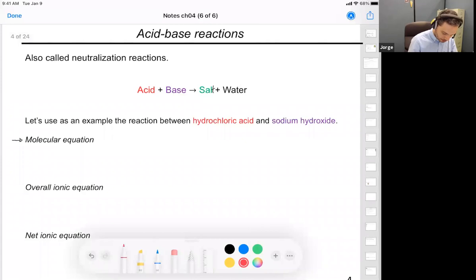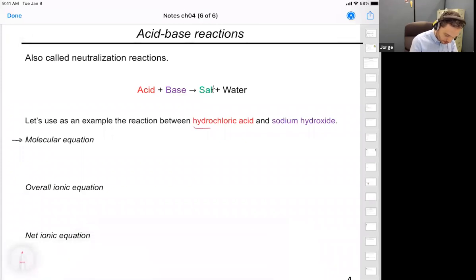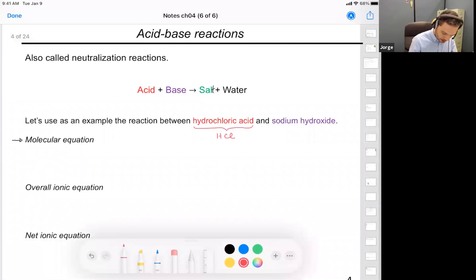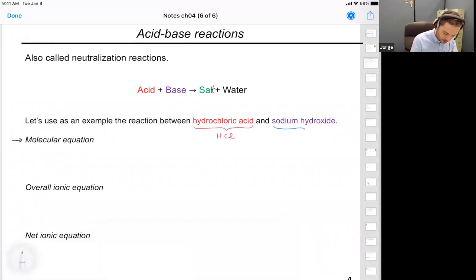So first example here is the reaction between hydrochloric acid. Hydrochloric acid is HCl, and that will react with sodium hydroxide. Sodium hydroxide is a base, and a hydroxide means we have an OH group.